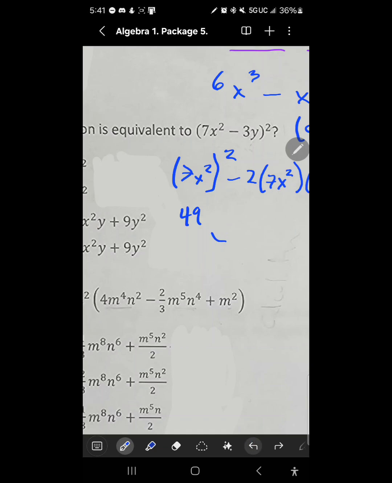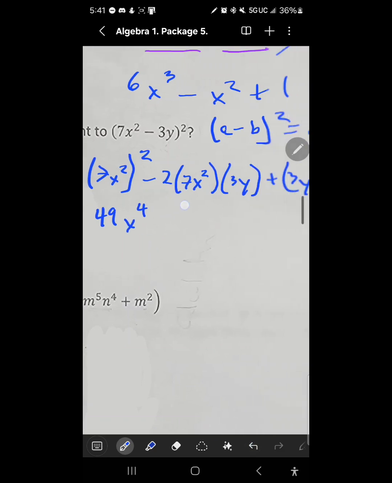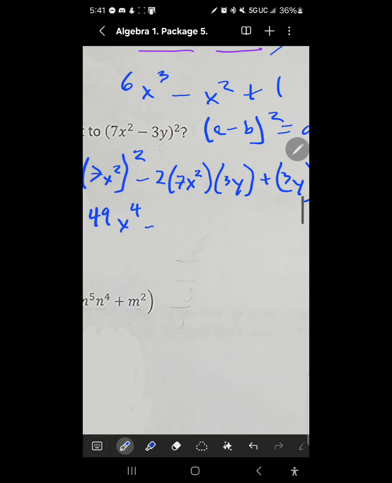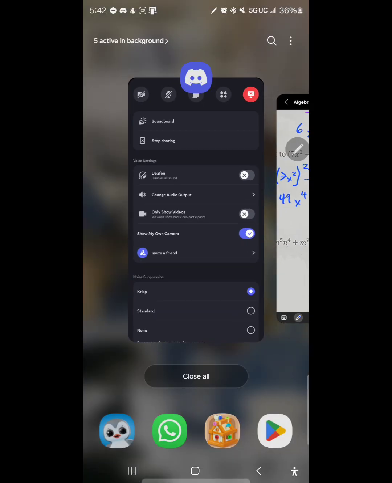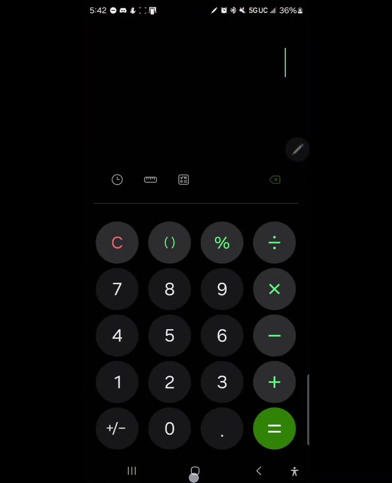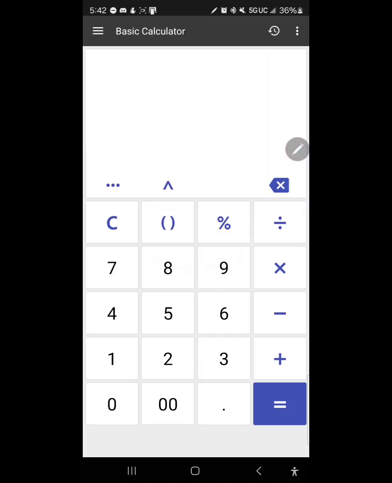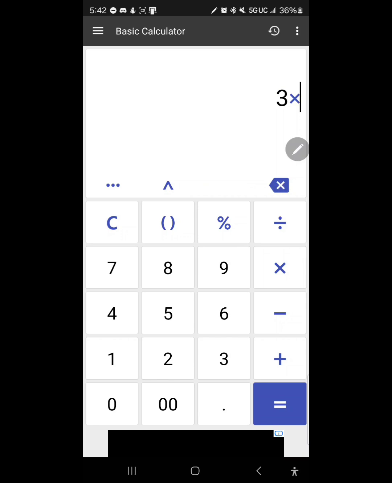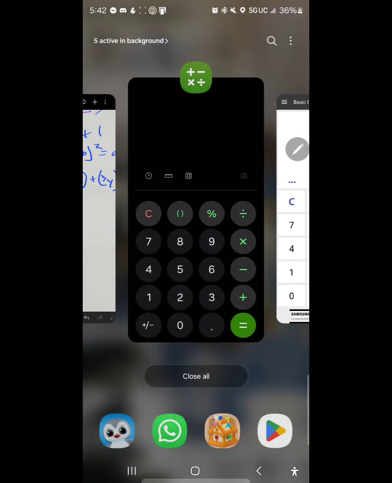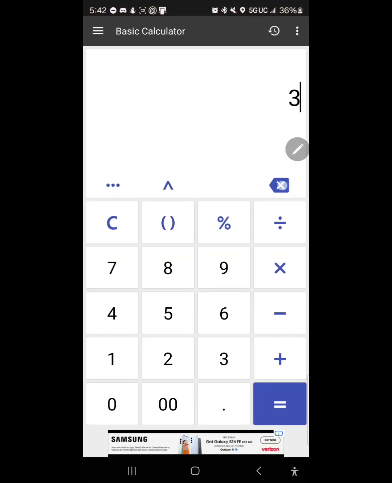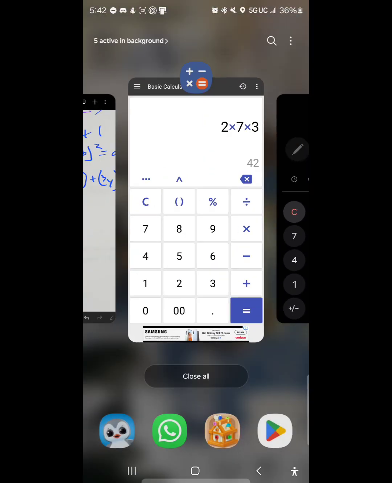So 49x to the 4. Minus 2 times 7 times 3, yes, 42.